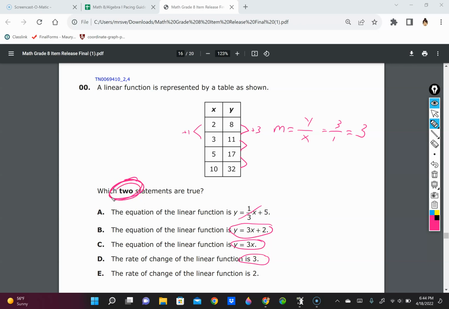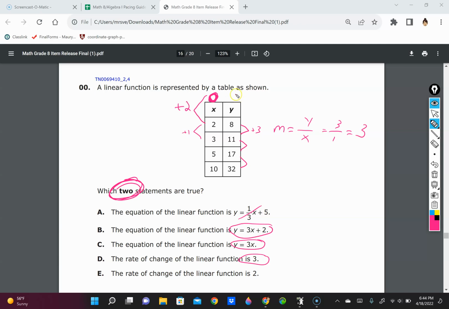The next thing that we could do is work backwards and figure out the y-intercept. For our y-intercept, my x has to be 0. If you notice, from 0 to 2, I'm adding 2.